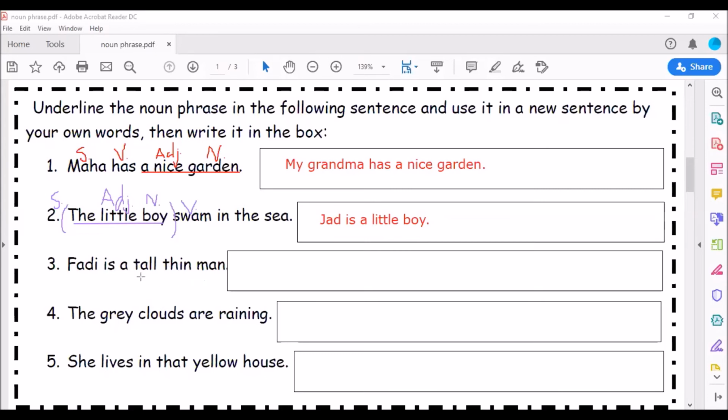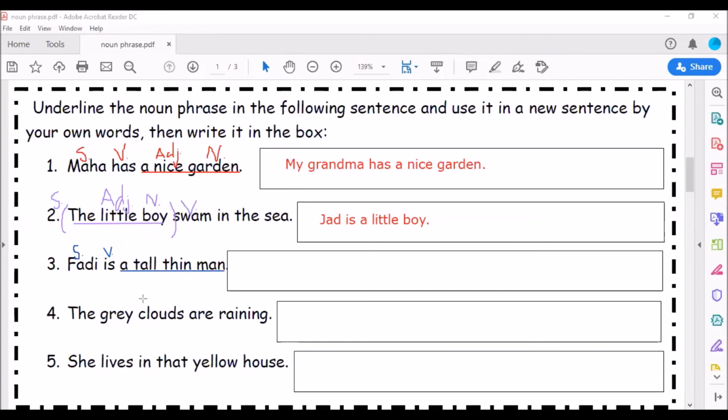So, as usual, I'm gonna just put a verb here, and everything before a verb is a subject. Okay, so this is the verb and this is a subject. Okay, so now we have a tall, thin man. What do you think about this? So I have adjective tall, thin, another adjective, and a noun. So this is a noun phrase.